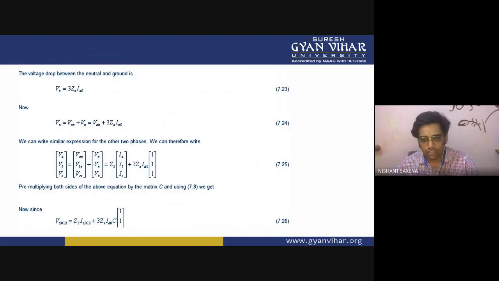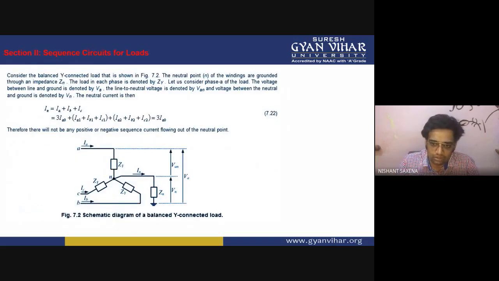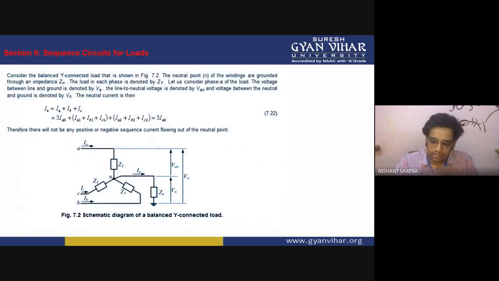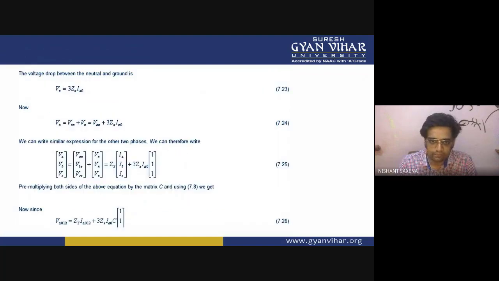Now, if you talk about the voltages, the neutral voltage will be given by 3Zn IA0. If you talk about VN, it will be equal to IN into Zn, where IN is equal to 3 IA0. So VN is equal to 3 Zn into IA0. Now, we know that the phase voltage VA is equal to none other than VAN plus the neutral voltage.